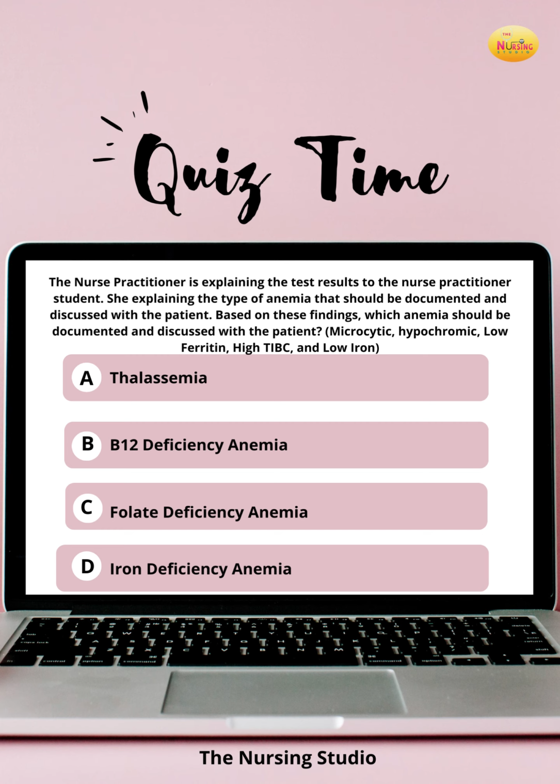It has a high level of binding capacity because it's not binding to any iron because your iron is low, right? So therefore, the best answer choice here is D, iron deficiency anemia, because your ferritin is low, which is your iron stores, your iron is low, and your total iron binding capacity is high. D is your answer, IDA, all day, every day.